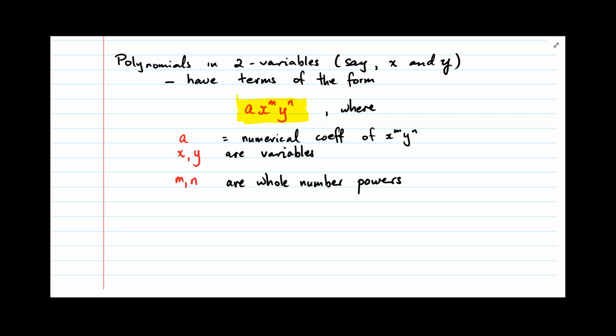X and y are the variables, m and n are whole number powers, and this time the degree of the term is going to be the sum of m plus n. As we did before, when we put together several terms, we look at the highest degree that we have, and that would be the degree of the polynomial. So some of those things carry over.